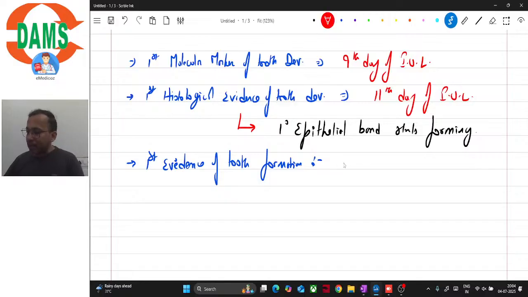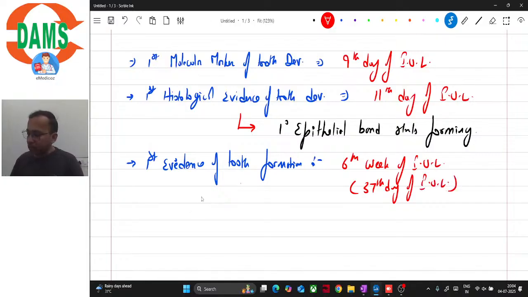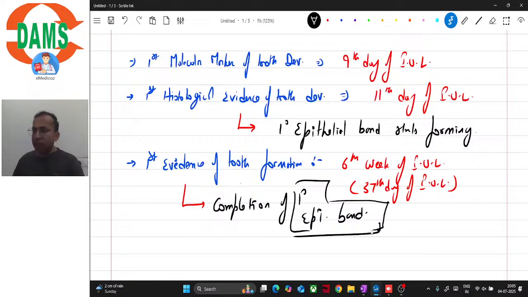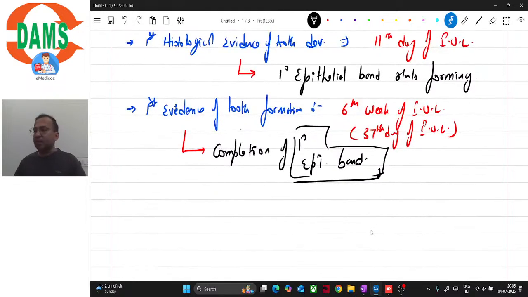And this is at the 6th week of intrauterine life, or about the 37th day of intrauterine life. So the first evidence, or the 37th day, implies completion or establishment of the primary epithelial band.